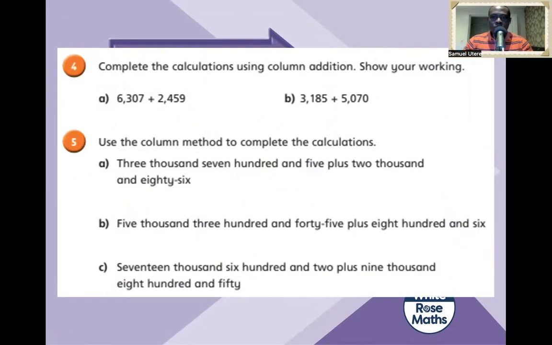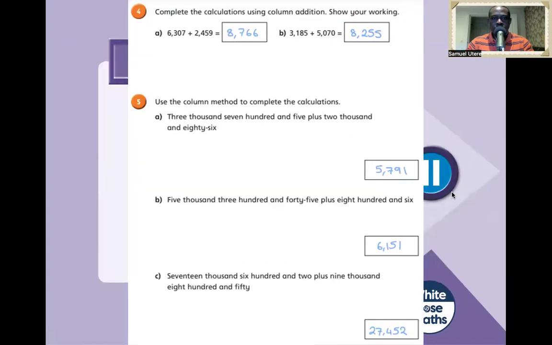Assuming you've paused the video and you've answered questions 4 and 5, here are the answers. Let's discuss them. So here you can see that's the calculation and that's the answer. I'm sure you've used the formal methods to answer them. All right.